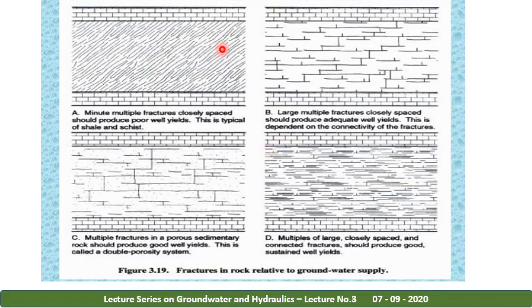In this diagram you can see how the deposition of the aquifer can be seen in a particular cross section of the aquifers. In closely filled deposition of rocks, you can see very poor yield capacity of the area, whereas in large multiple fractures closely spaced, it should produce adequate water. Whereas multiple fractures in porous sedimentary rock are called good yield capacity aquifers.